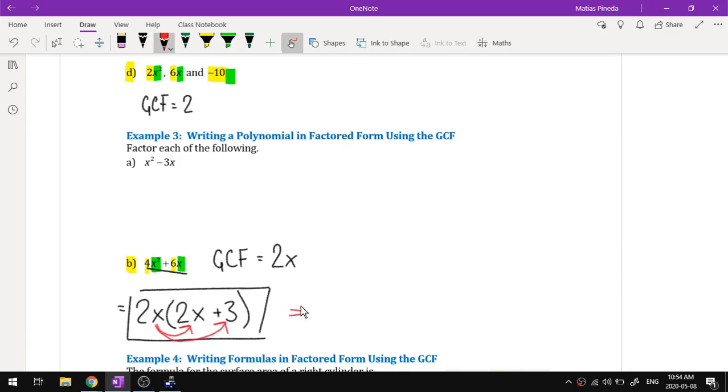So if we do that and check by expansion, 2x times 2x is 4x squared. 2x times 3 is positive 6x. And this is the same as what we started with, so we're good.